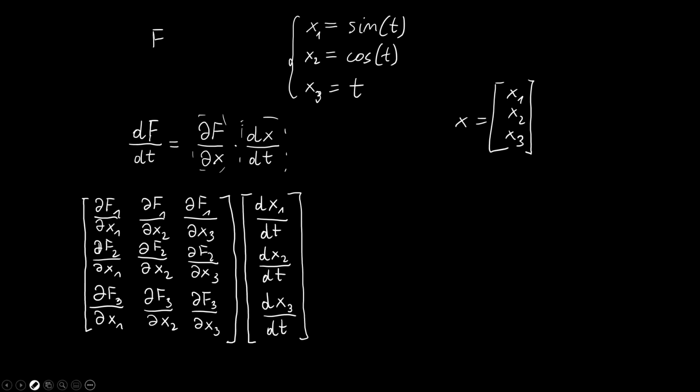So now, what is the result of this? It will be again a three-dimensional vector. We take first row, first column, multiply and add accordingly.